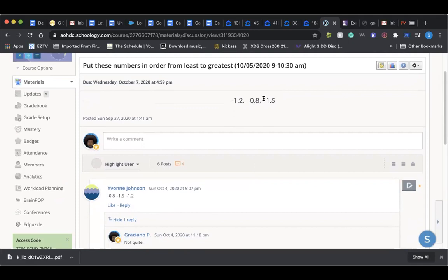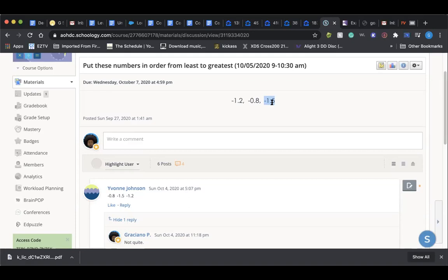Good. Negative 1.5 is our smallest number because this is the number that is furthest to the left from 0, right? I owe somebody $1.50, as opposed to owing them $1.20 or 80 cents. So I owe them a lot more money here.